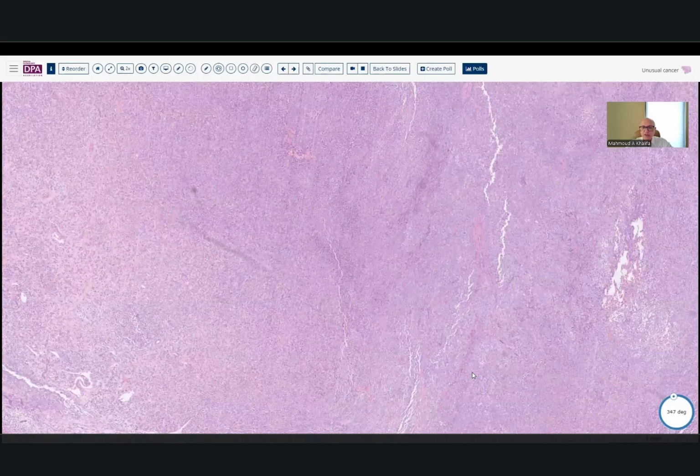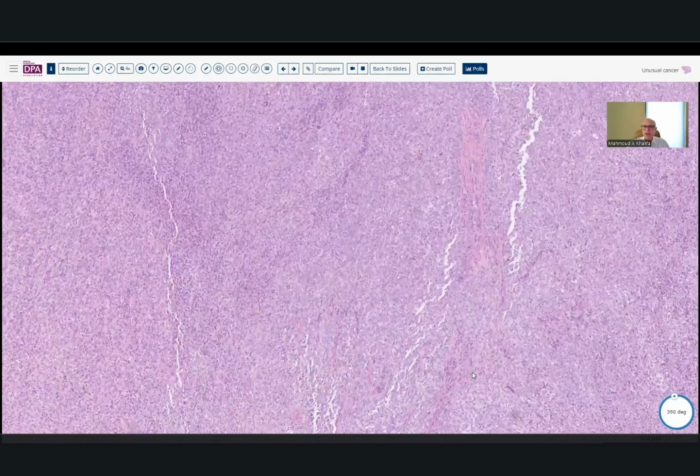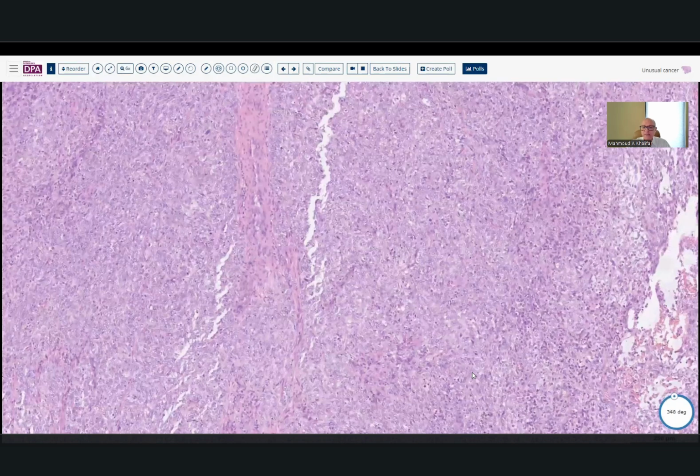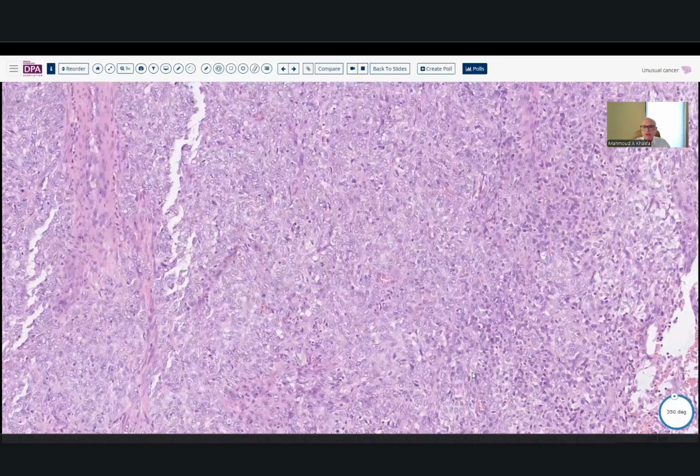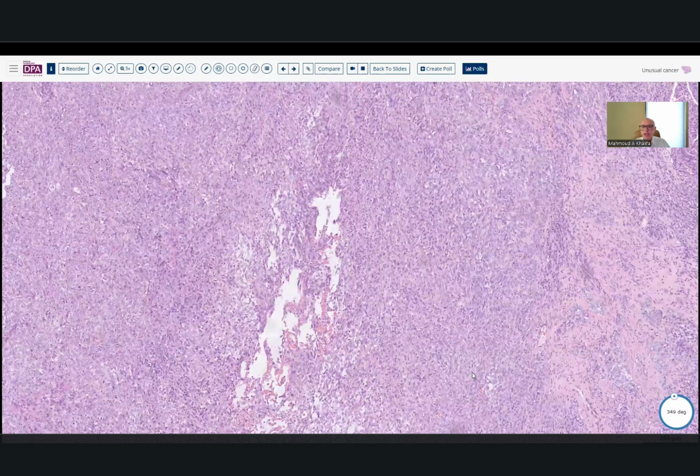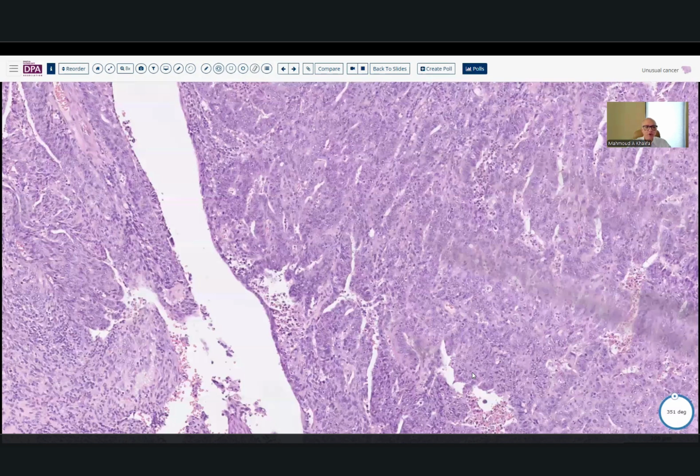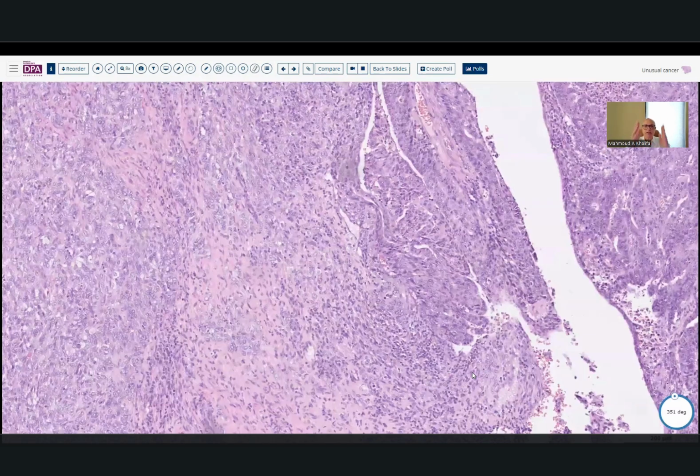Again, these are the solid sheets that we saw on the biopsy. The nuclei are round, and the chromatin is open, but right next to that, you have glands. So you have glands like FIGO1 and solid tumor sitting next to each other, separated from each other.